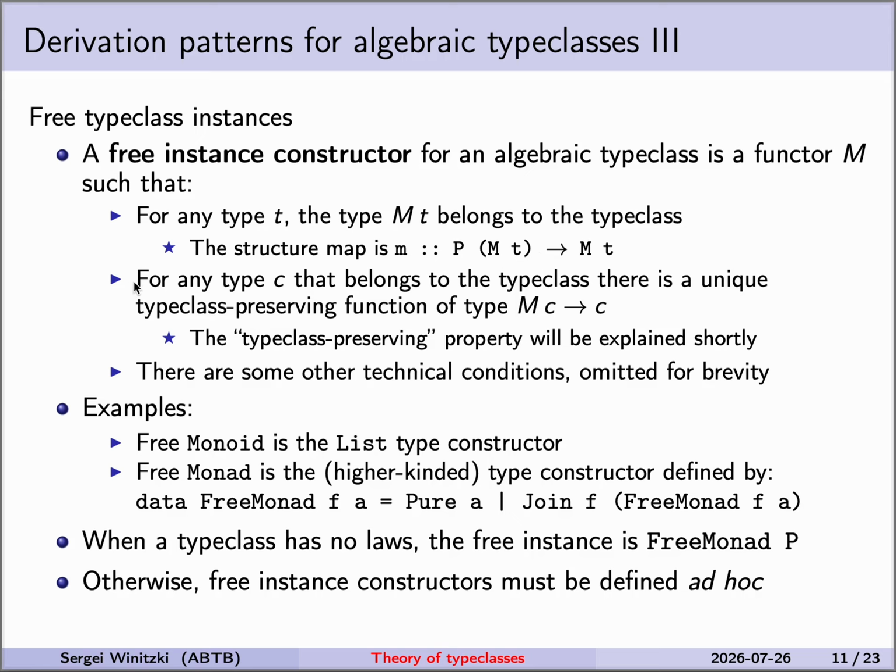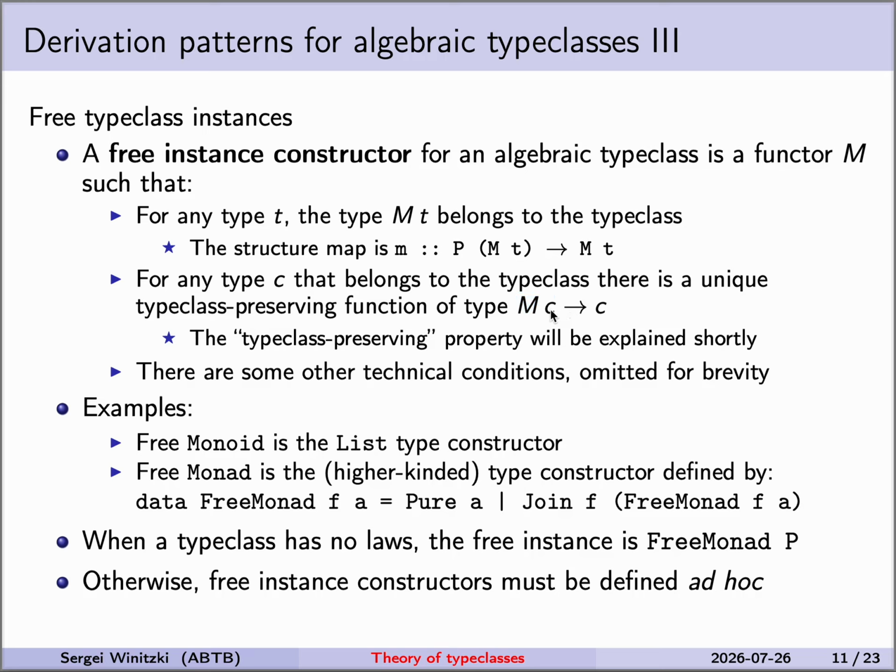And then another property that is necessary is that for any type C that belongs already to the type class, we can compute MC to put C inside this free instance constructor, which is not necessary, right? Because C already belongs to the type class, but we can do it anyway.